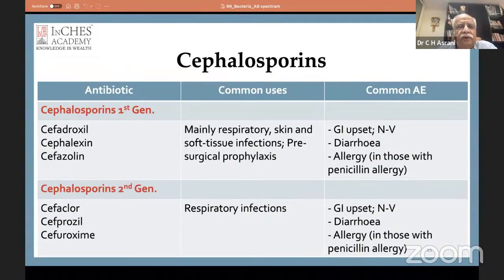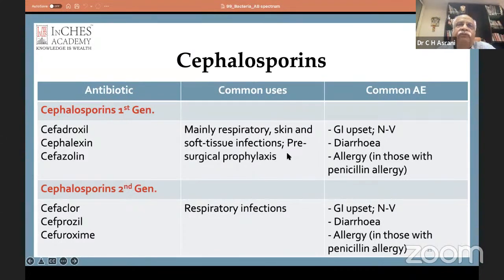Coming to cephalosporins. Cephalosporins form a mainstay of our antibiotic prescription today. There are 5 generations of cephalosporins: cephadroxil, cephalexin, cefazolin were generation 1, mainly respiratory, skin and soft tissue infections, and pre-surgical prophylaxis.